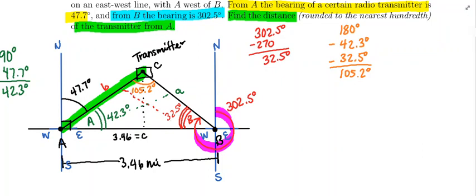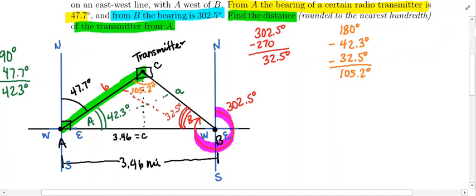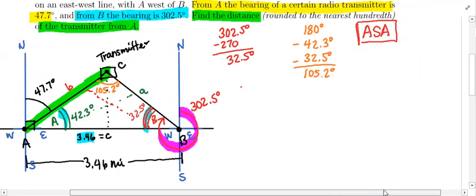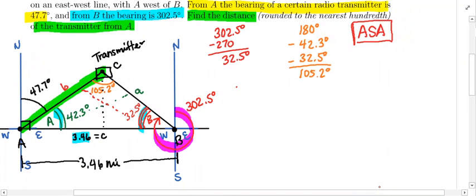Let's do blue, since I haven't used it yet. I know an angle, a side, and an angle. I know angle A, the side next to it, side C, and then angle B. So this is an angle-side-angle case. Angle-side-angle is not SAS, so we need to use the law of sines here.